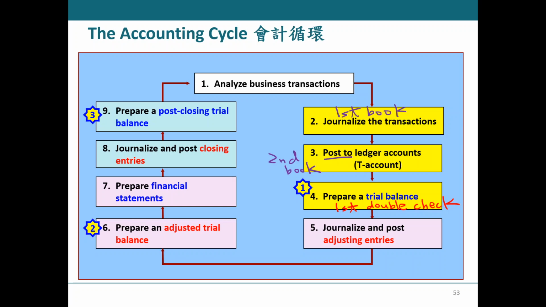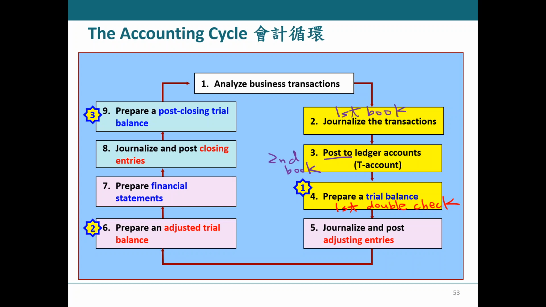Okay? After that, don't forget, we just did 90% of the transactions. In chapter 3, we need to record the other 10% of the transactions, right? So how to record the other 10% of the transactions? Prepare adjusting entries, right?